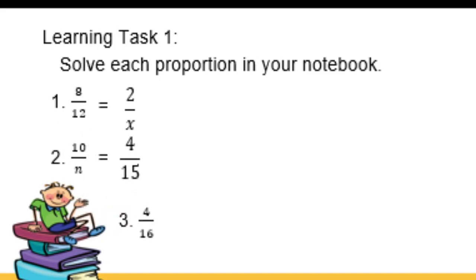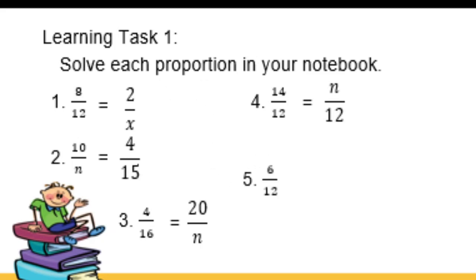Number 3, 4 over 16 is equal to 20 over n. Number 4, we have 14 over 12 is equal to n over 12. And the last one is 6 over 12 is equal to 15 over n.